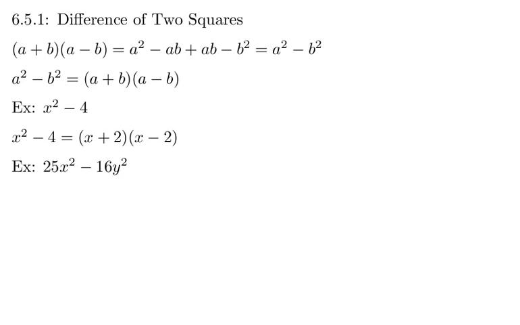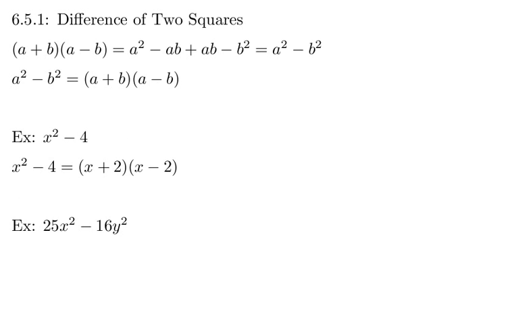So let's say we have 25x squared minus 16y squared. This one looks more difficult at first, but it's exactly the same thing as up here. Here 25x squared is the same thing as 5x quantity squared, because when you square 5x, you get 25x squared.